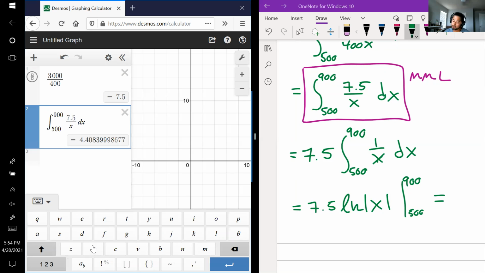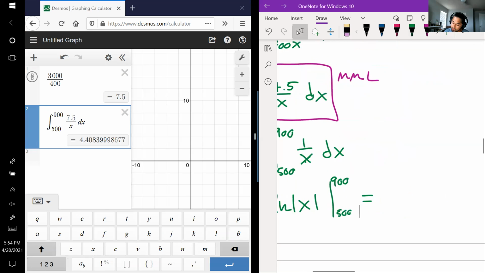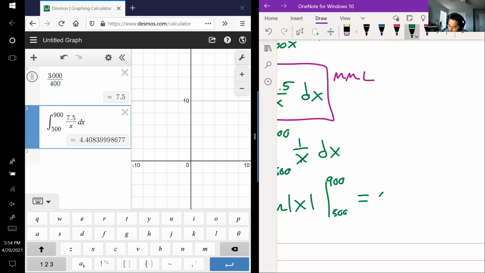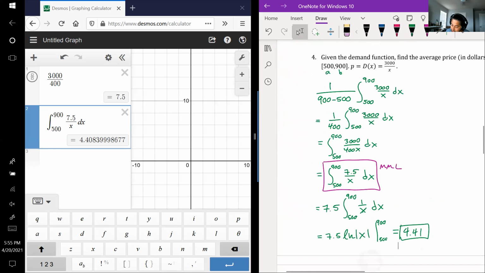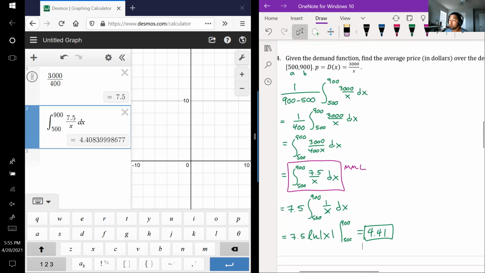And rounded to 2 decimal places, we get 4.41. And this would be the average value, or depending on what the problem said, this is your average price in dollars on this interval. So 4.41 is your average price.